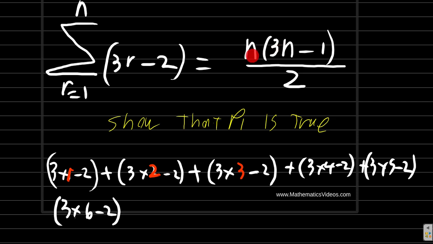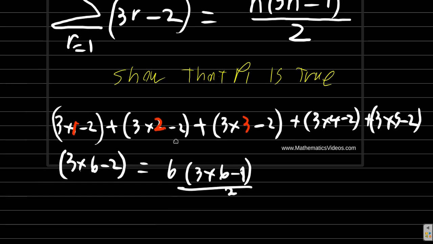Here you are adding up from r equals 1 to 6. So n becomes 6. So this becomes 6 times (3 times 6 minus 1) over 2. That's what will happen.